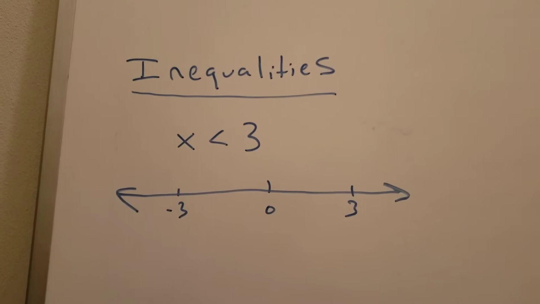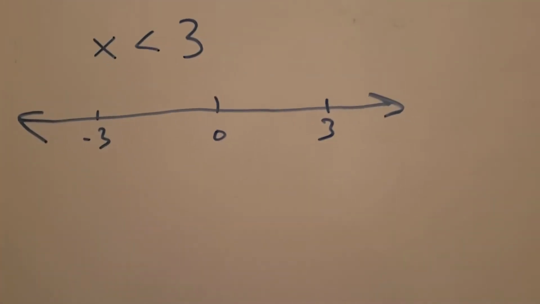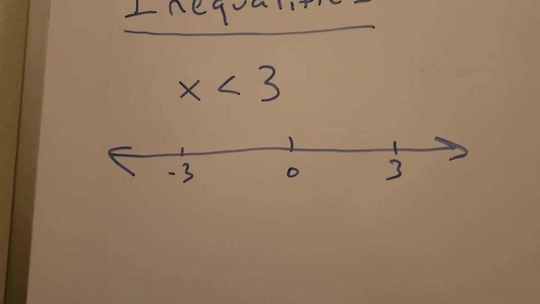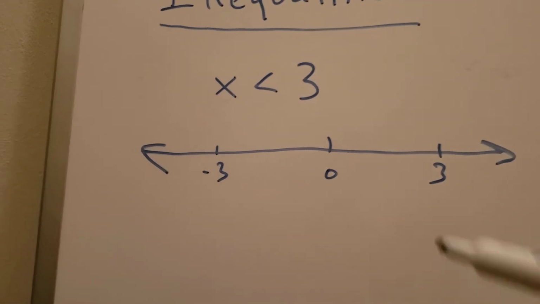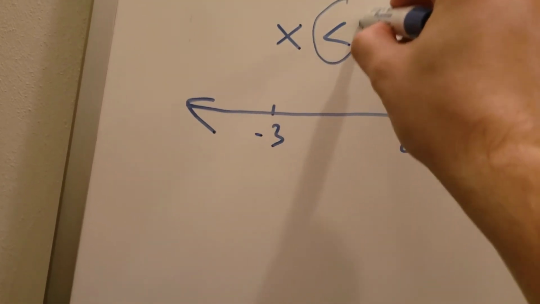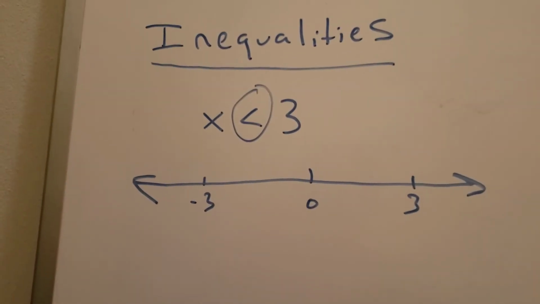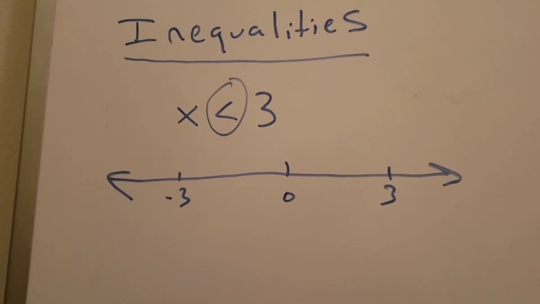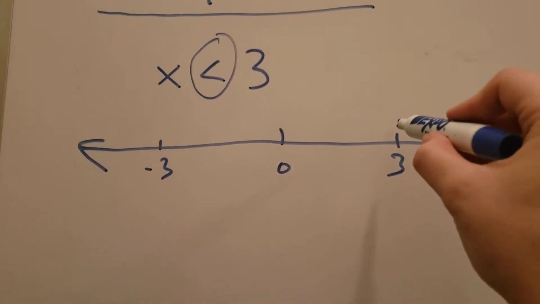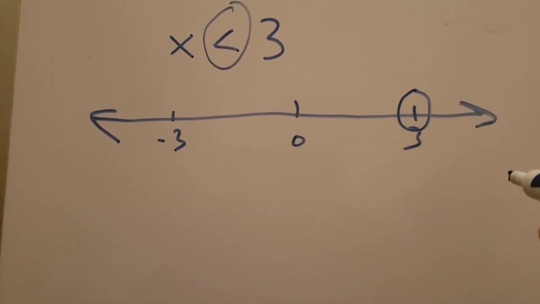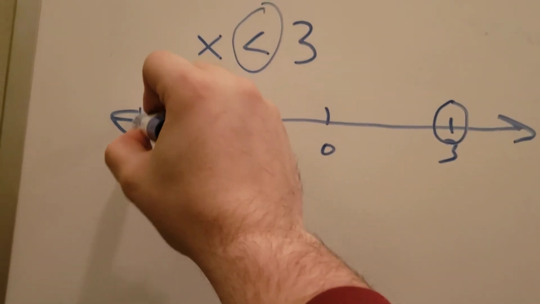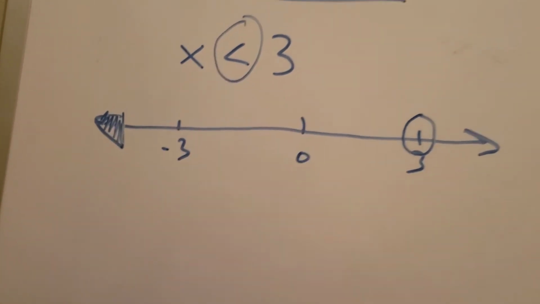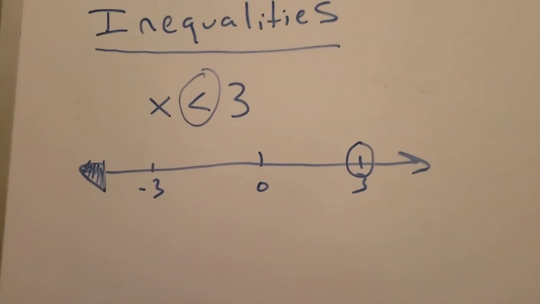And since we have 3 there, we're going to have to put something on 3 for our inequality. Now, as you can look at the symbol here, this symbol does not have a line underneath it. That means that it does not include 3. So to symbolize that, we're going to draw a circle around 3, and then we're going to shade the arrow going this way because x is less than 3.